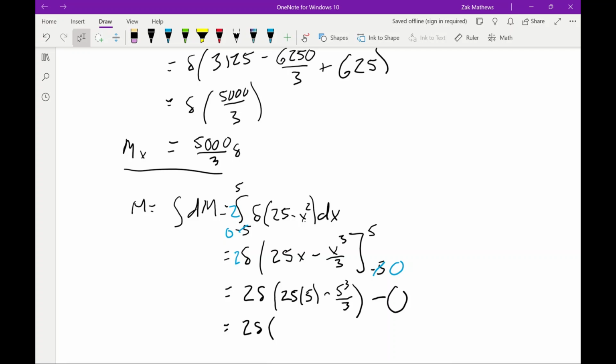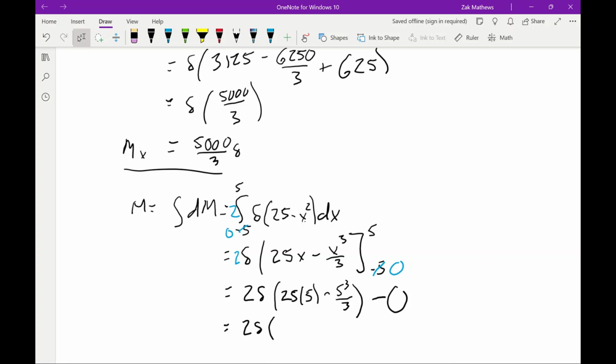So just like before, we need to get our common denominator, which will be 3. We'll have the 125 times 3, 375, subtract the 125. That gives us 250. So we'll get 2 delta times 250 over 3, giving us a total mass of 500 over 3 delta.